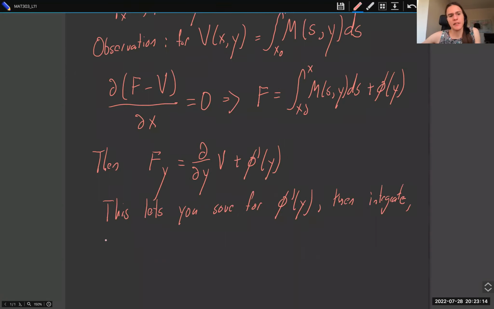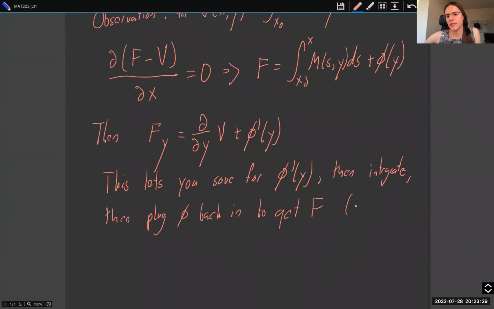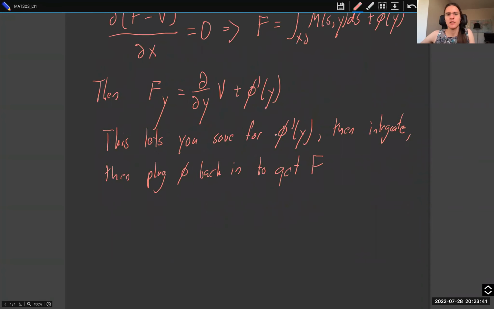Then plug back in to get f. And we don't care about constants because we care about finding one particular f. Then if we find one particular f, we just write the general solution as f of xy equals c. So we added in the constant at the end.